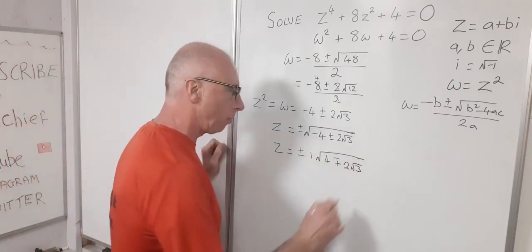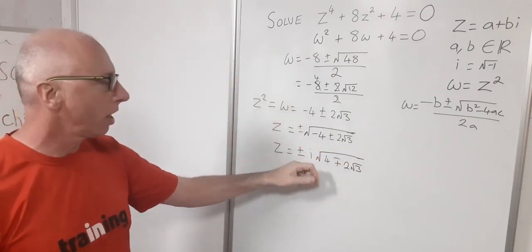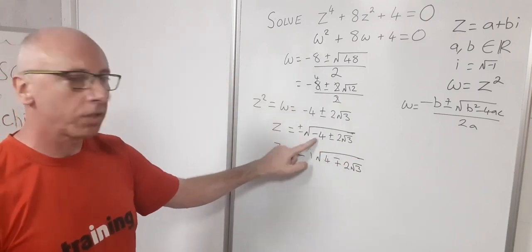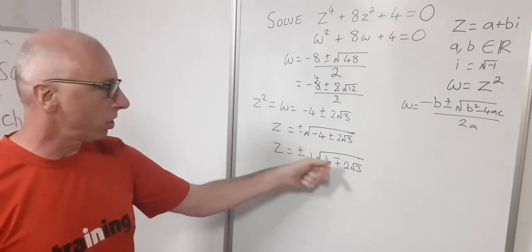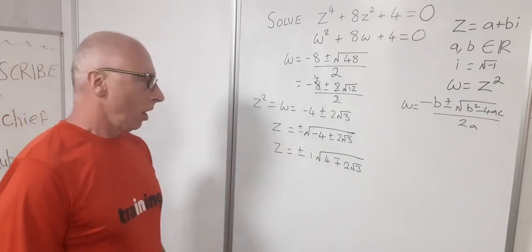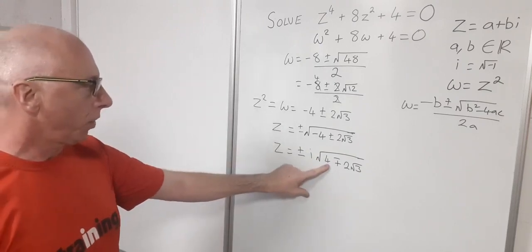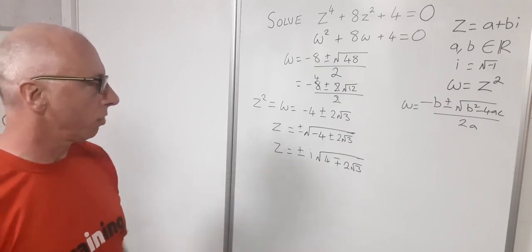That will include both solutions, so I could still leave it as plus or minus, but I want to show that as we've taken the square root of minus 1 outside, that is our net result. So 4 plus or minus 2 root 3 and 4 minus 2 root 3.